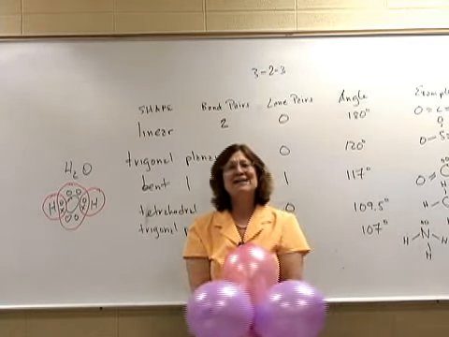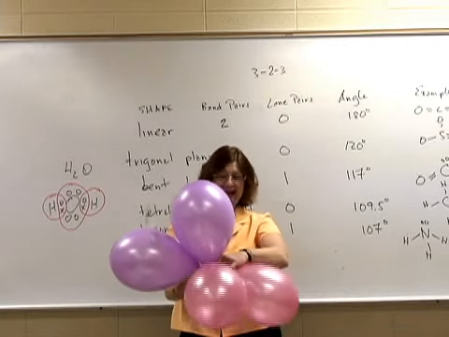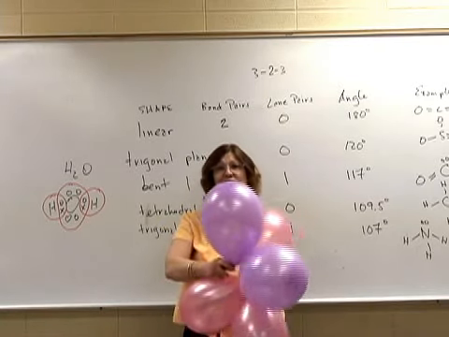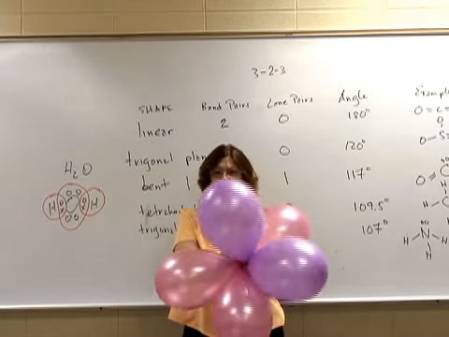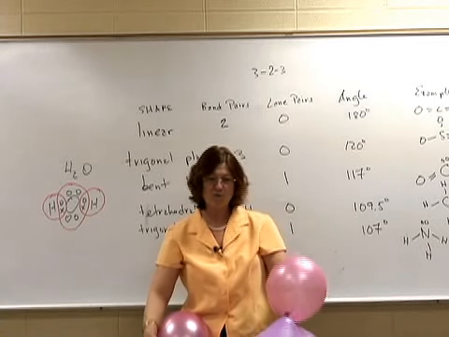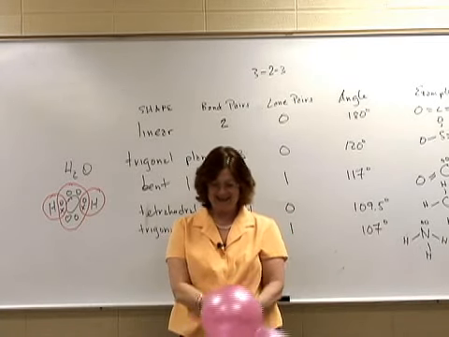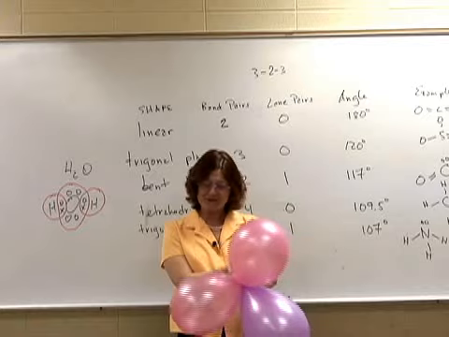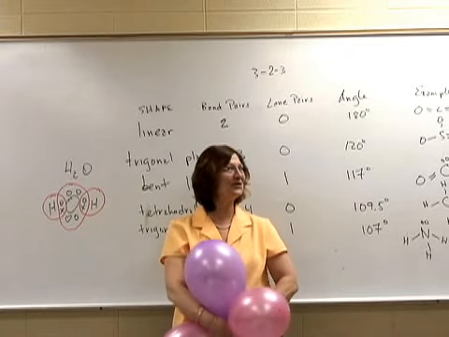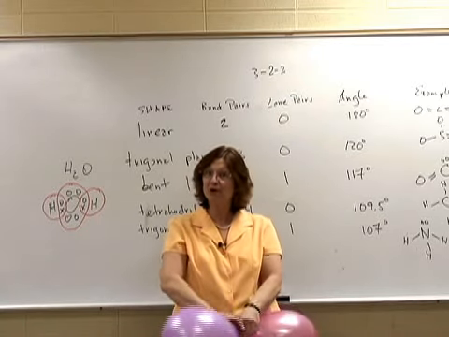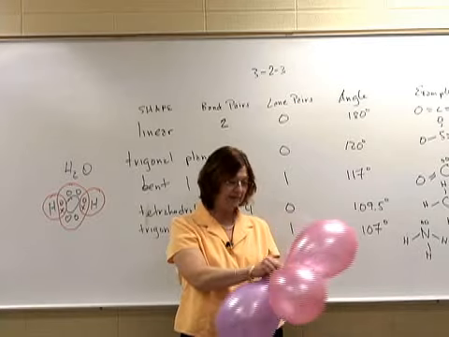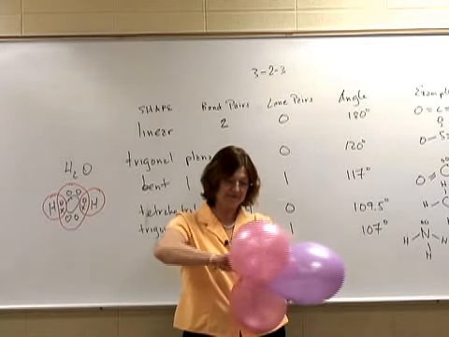I'm actually kind of sad because this is going to be the last time I'm playing with these balloons because we're almost done with the chart. But I have to also get rid of one of the pink ones. And so I need 2 pink and 2 purple. It's a good thing I color-coded them because the purple are my lone pairs and my pink are my bond pairs.